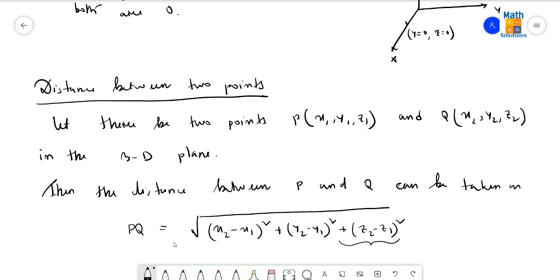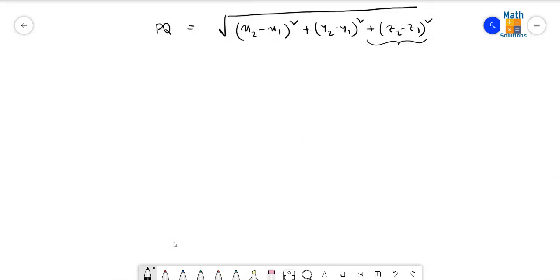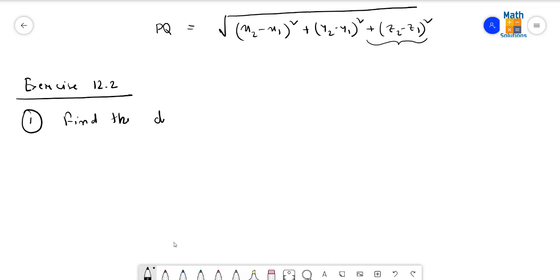So we shall come to exercise 12.2 now. First question is what?